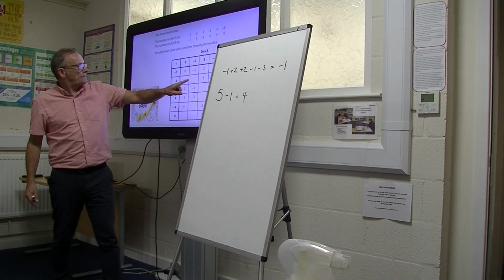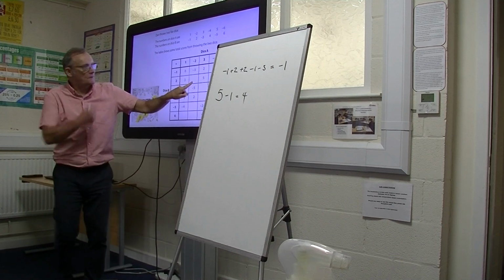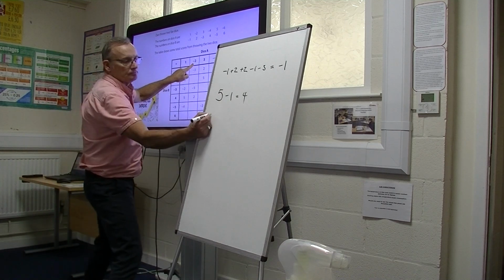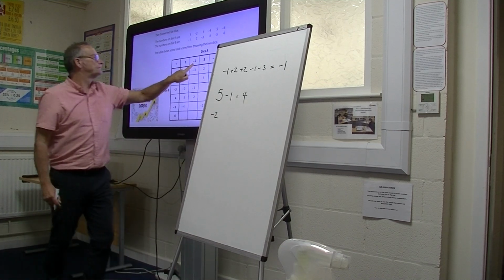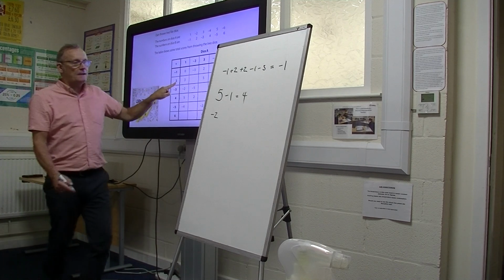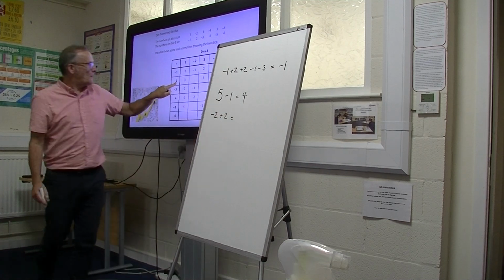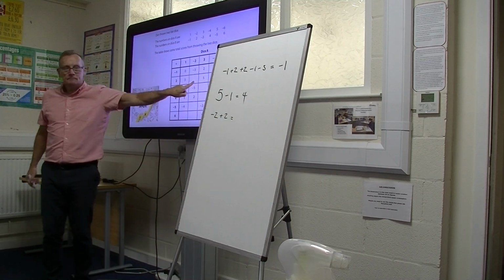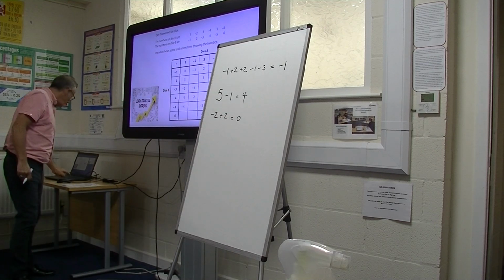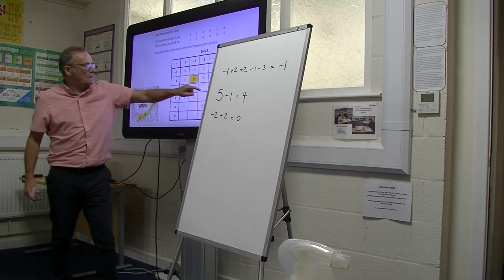Let's do this one. No, I'll have to do this one because of the way it comes up on the answer. He throws a minus 2 on the first dice. He throws a 2 on the second dice. What should go in that box there then? 0. Let's see if we're right. 0. I'll do this last one for you and then you can do the rest.